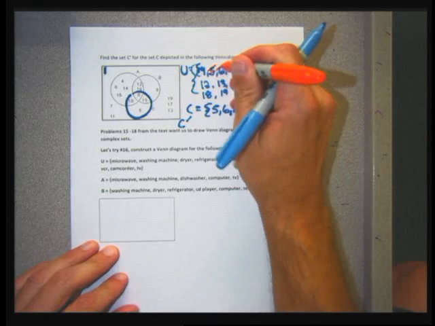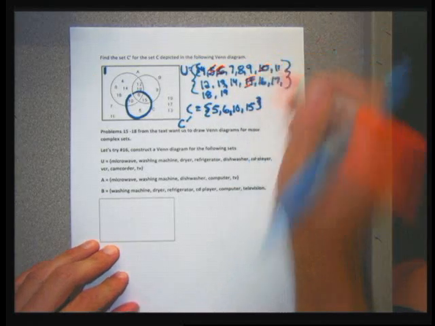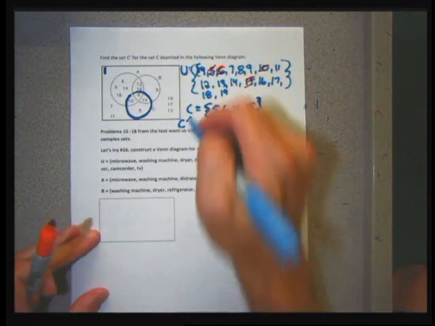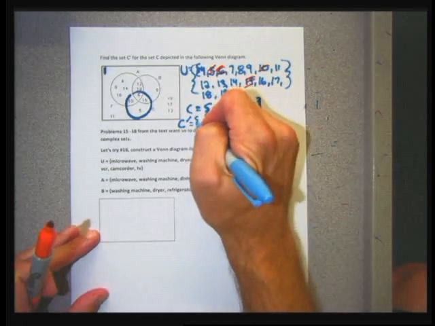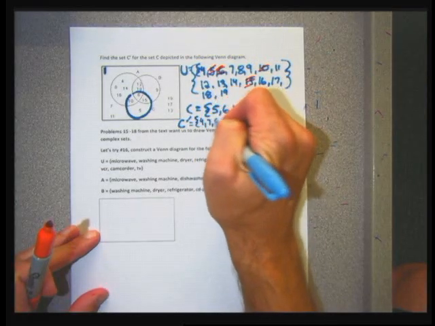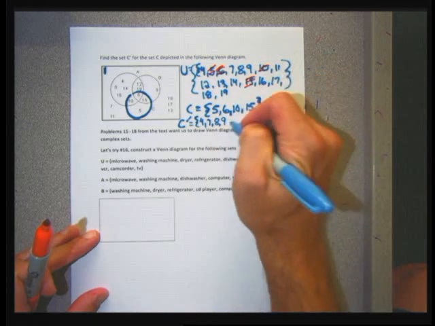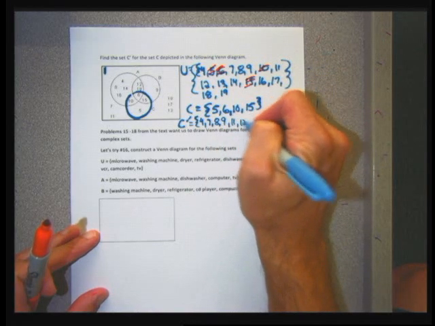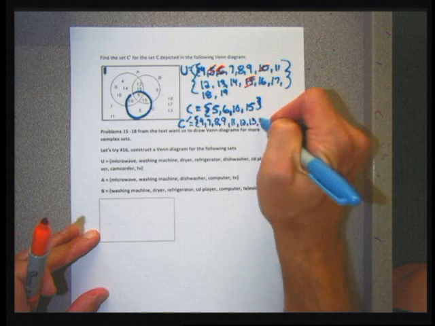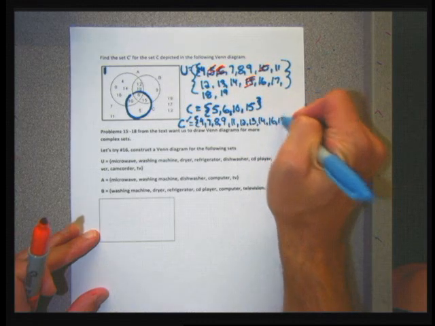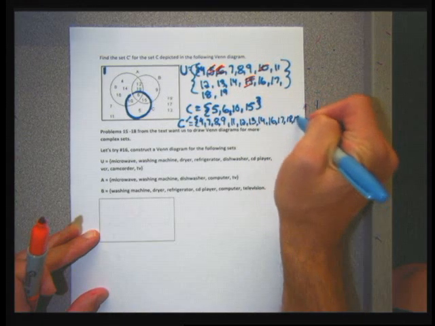Anything that's left makes up C complement. So what's left is 4, 7, 8, 9, 11, 12, 13, 14, 16, 17, 18, and 19.